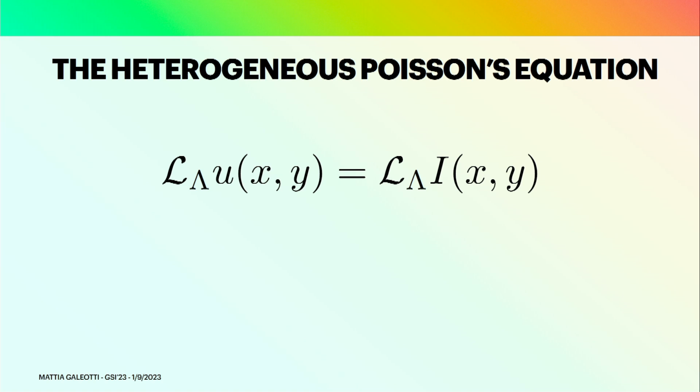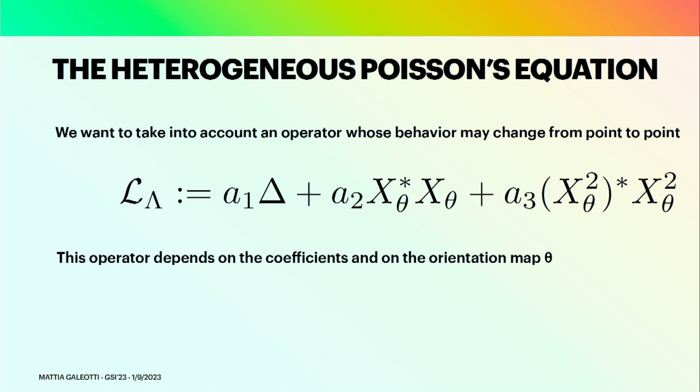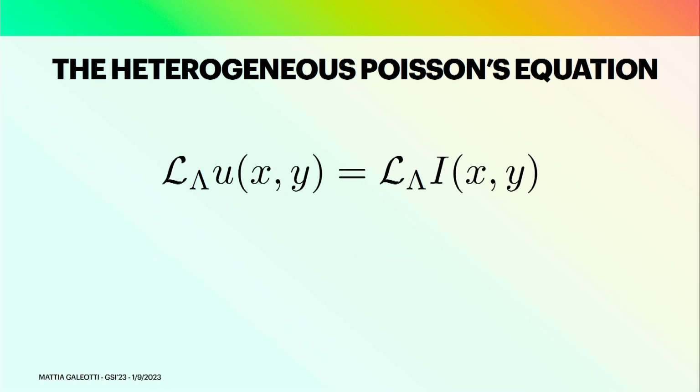If we think back to the operator that I introduced two slides before, and we consider a1 equal to 1 and the other coefficients a2, a3 equal to 0, we recover the usual Laplacian, and so this is the classic Poisson's equation. Here we are calling this the heterogeneous Poisson's equation because we are considering not the Laplacian but a heterogeneous differential operator.